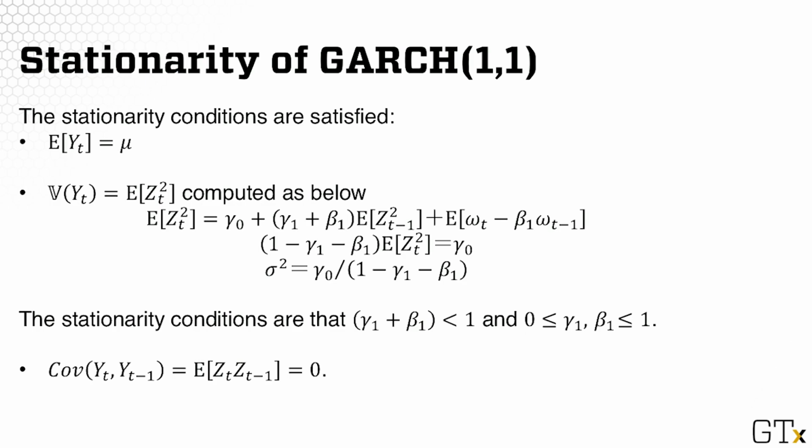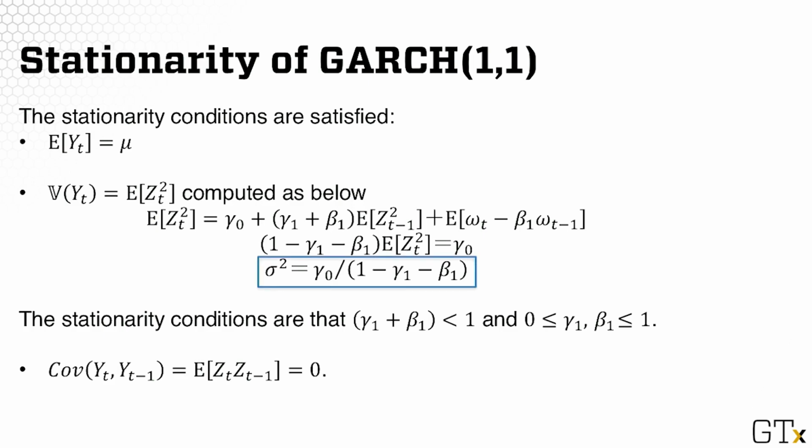Given that Yt is the sum between the mean mu and the GARCH process of orders 1 and 1, then Yt is stationary if its expectation mu is constant for all time points. The variance of Yt, which is equal to the variance of Zt, which is the expectation of Zt squared, is computed as on the slide.